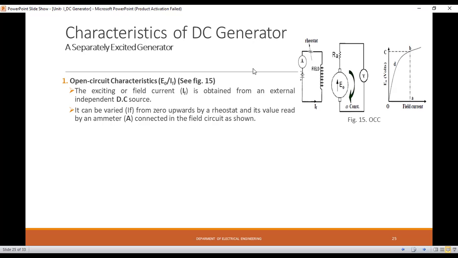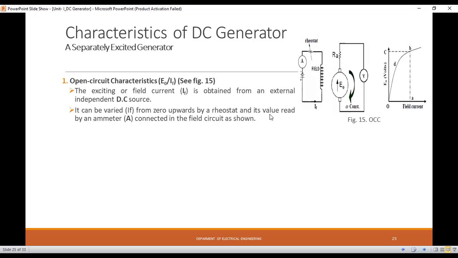Now after point B there is saturation. If we again increase the field current, then the induced EMF becomes constant, or remains constant, because magnetic saturation happens. So the induced EMF of the generator becomes a constant value.